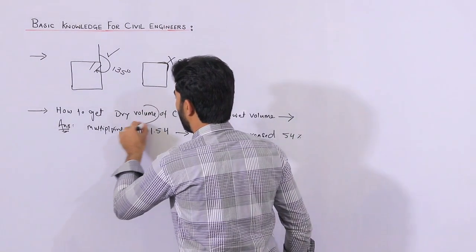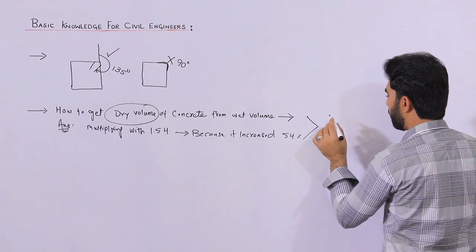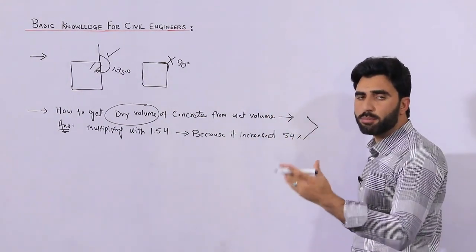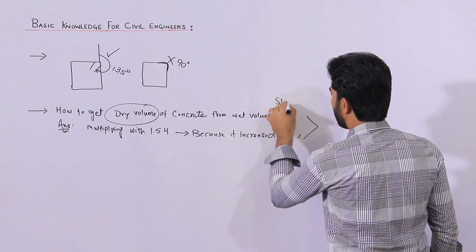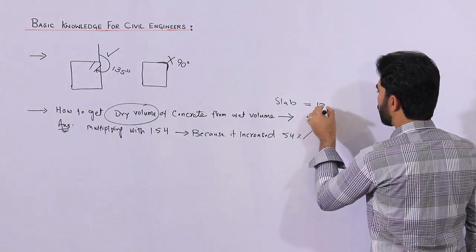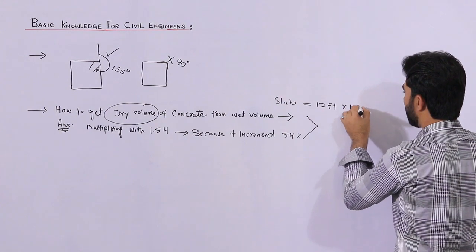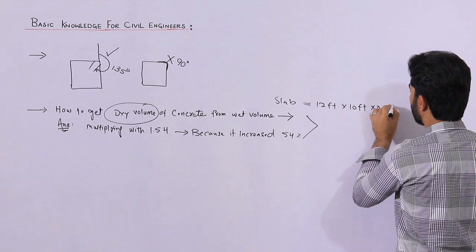Suppose the wet volume of concrete is the volume of a beam, column or slab. For example, this is a slab. Slab volume is 12 feet multiplied by 10 feet, multiplied by 0.5 feet or 6 inches.